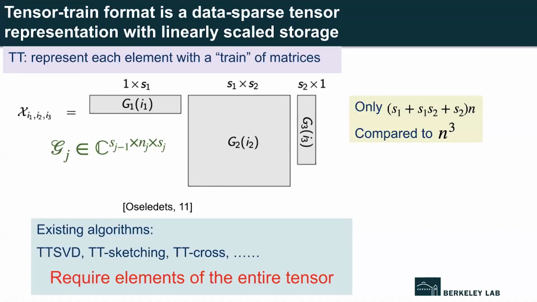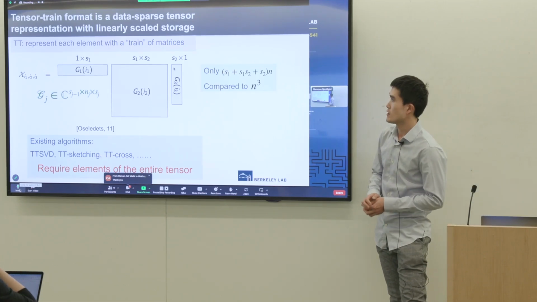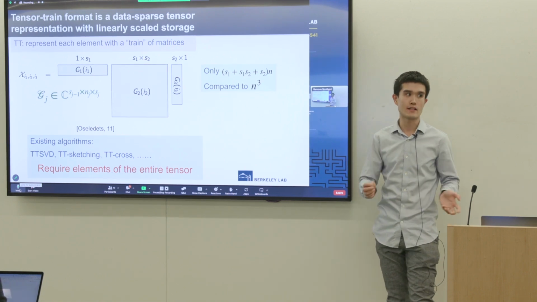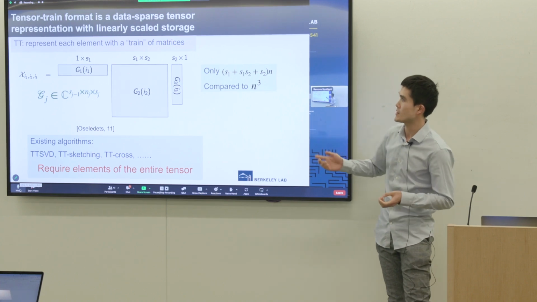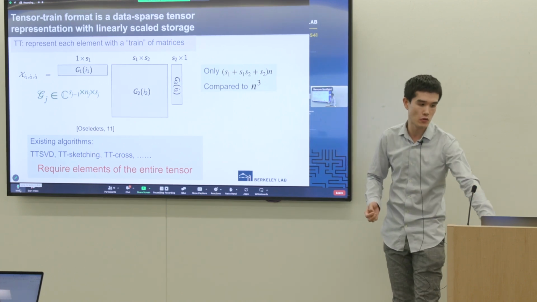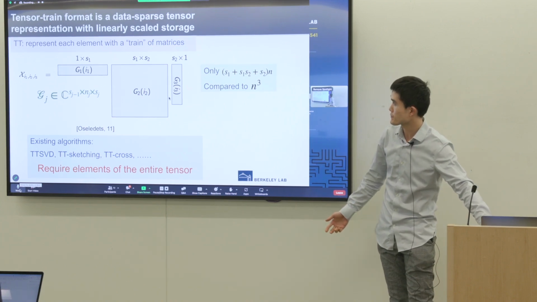These matrices look like trains, so it is called tensor train. These G1, G2, and G3 here are actually 3D tensors. When you fix the index of a tensor element, you get matrices. You take one slice from the tensor, you get a matrix, and eventually this will be the product of 3 matrices for a 3D tensor.